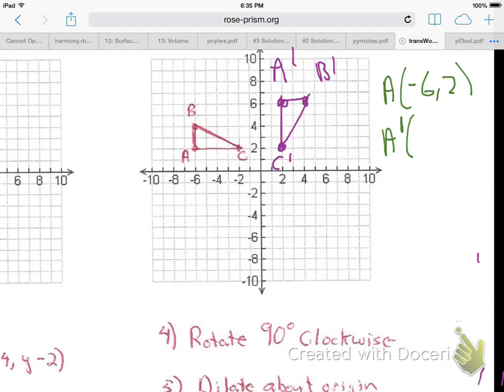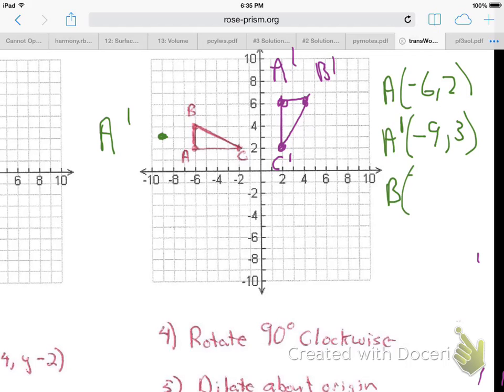That's going to make the x-coordinate -9 and the y-coordinate 3. Okay, -9, 3 right here. It's probably going to overlap with our other guy. That's okay. So there's my A prime.